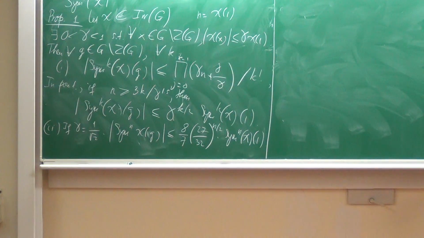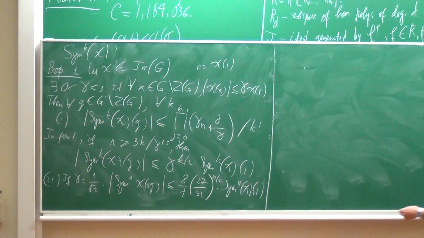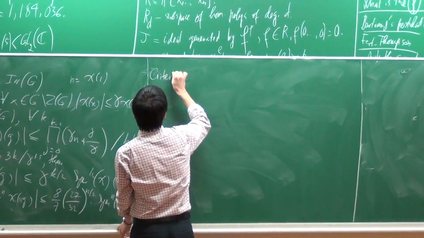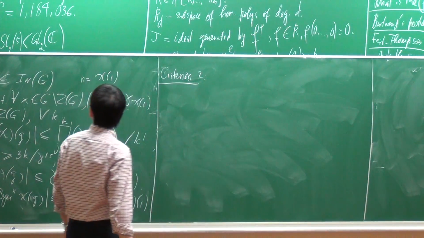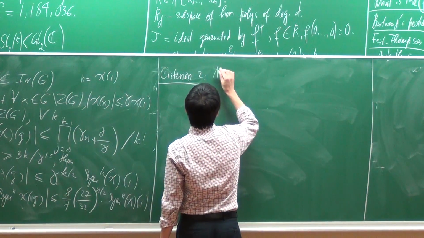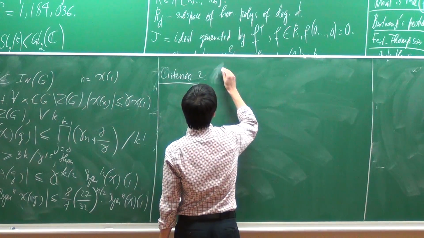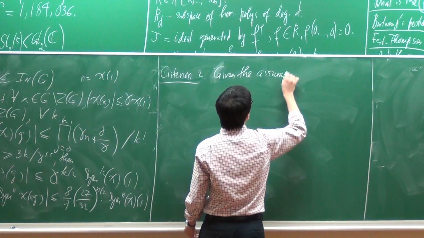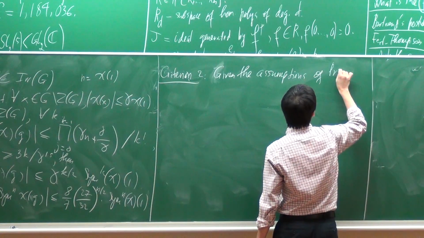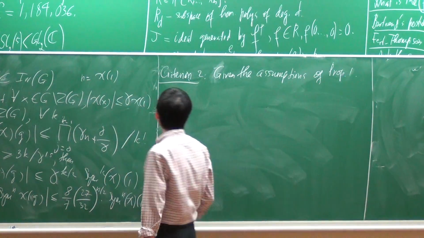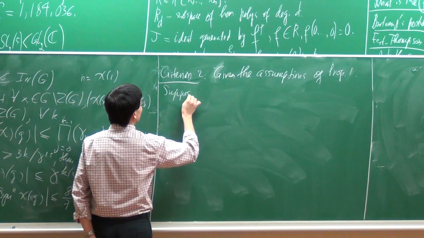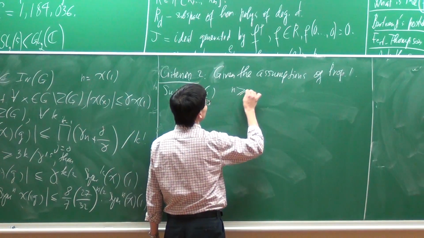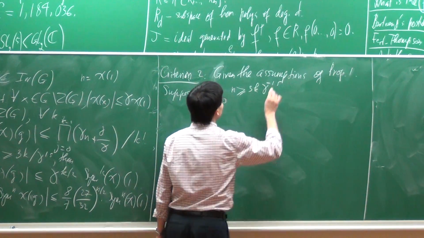So now given this proposition, I can give you a criterion. So how do I produce a semi-invariant? Given the assumption of proposition 1, and suppose that n is at least 3k over gamma to the 1.5.